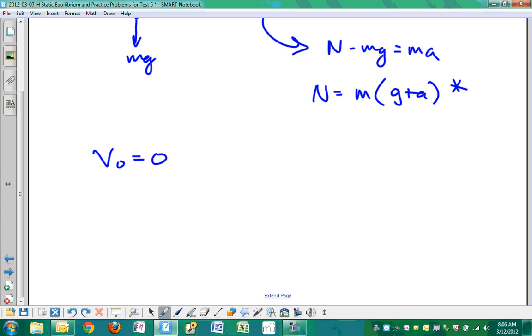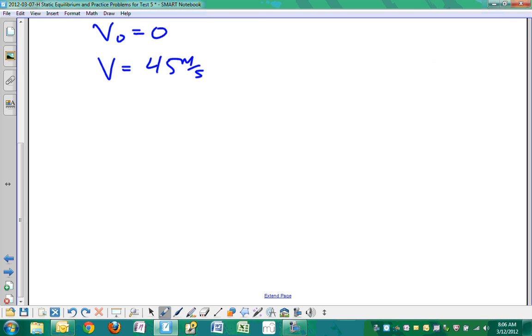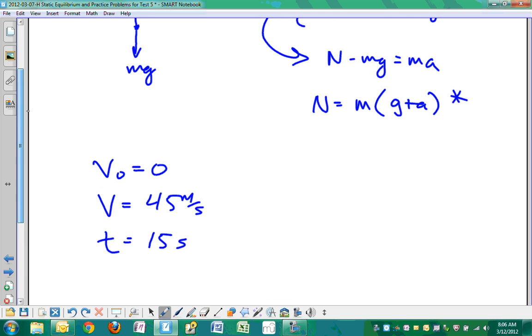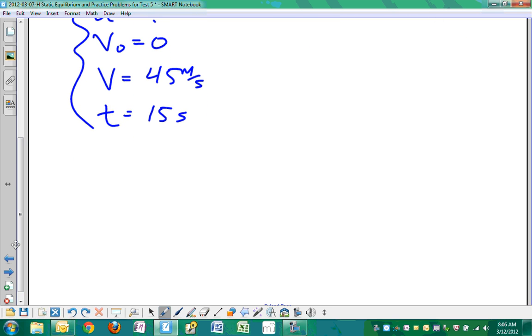V naught is equal to 0. And I know it gives us a final velocity of, what's that? 45 meters per second. And we have a time, right? 15 seconds. All right, this looks pretty easy. Acceleration, we don't know. We want to know it. Looks to me like it's going to be 3 meters per second squared.